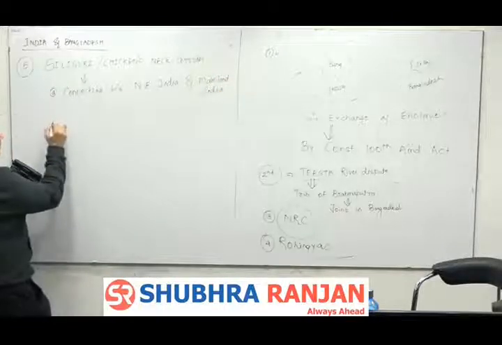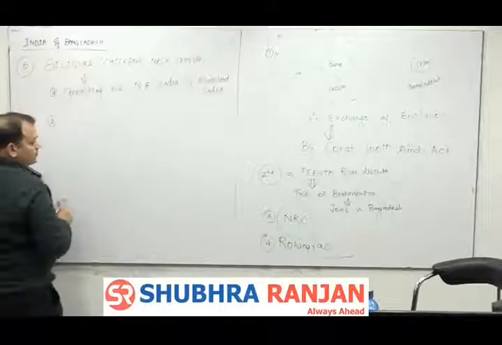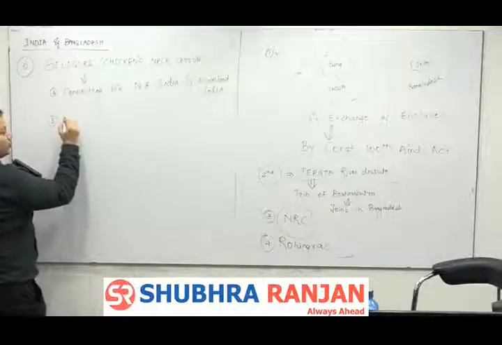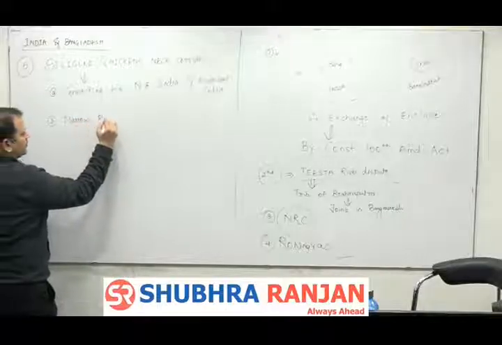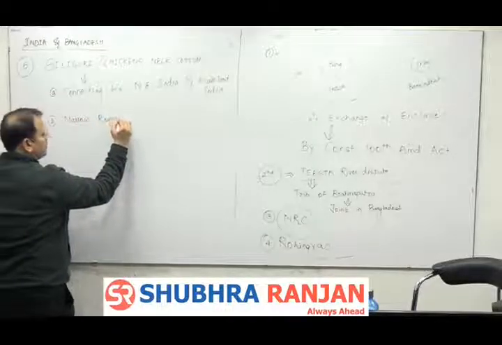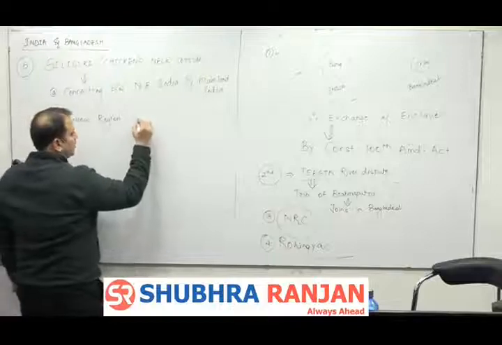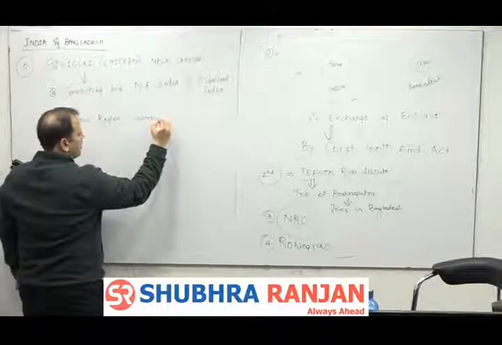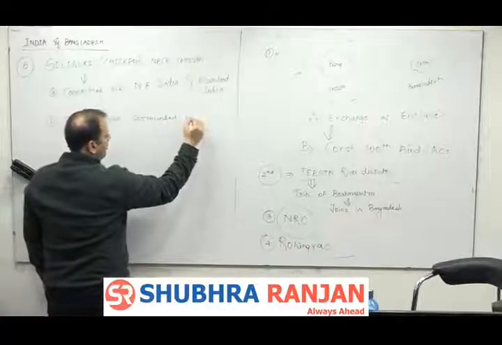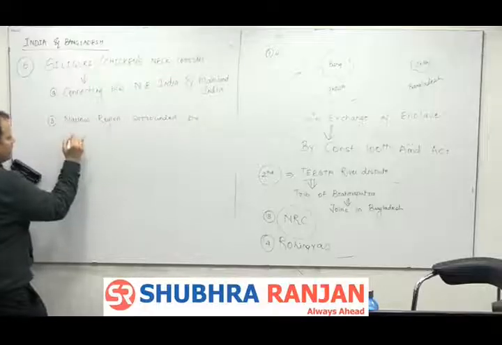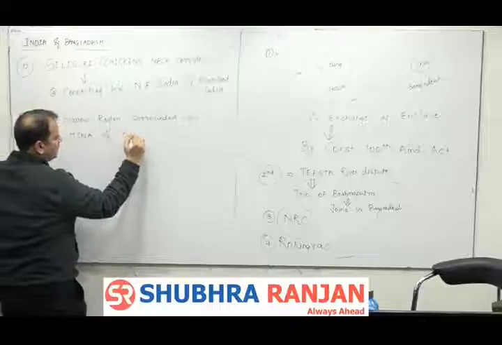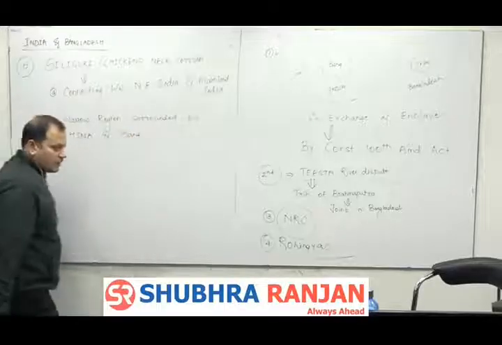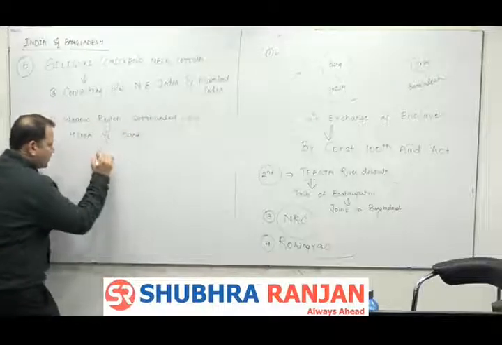Second, it is a narrow region, very narrow region, surrounded by China on the north and East Pakistan or Bangladesh in the south, and therefore it has some security threat.